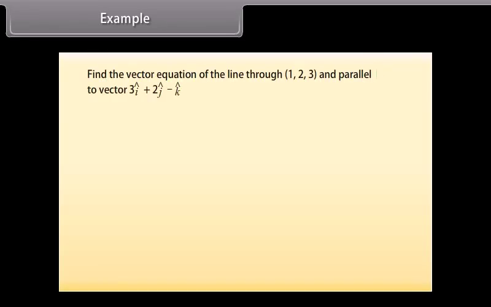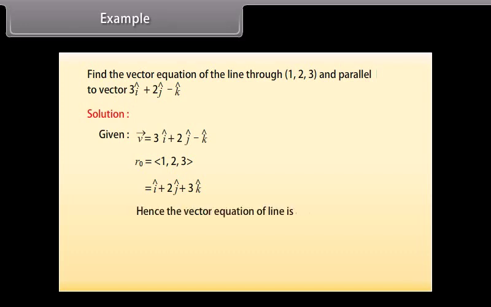Example. Find the vector equation of the line through (1, 2, 3) and parallel to the vector 3i plus 2j minus k. Solution. Given vector v equals 3i plus 2j minus k, and the point r0 equals (1, 2, 3), which is i plus 2j plus 3k.